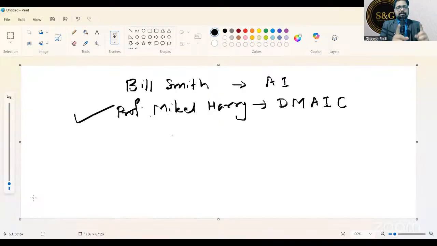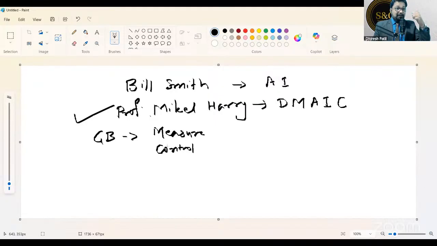This topic will come in the measure phase first of all. So today's topic you will find in the green belt measure phase, make a note of this, as well as the control phase. In the green belt, you will find the control chart topic in both the measure phase and the control phase.